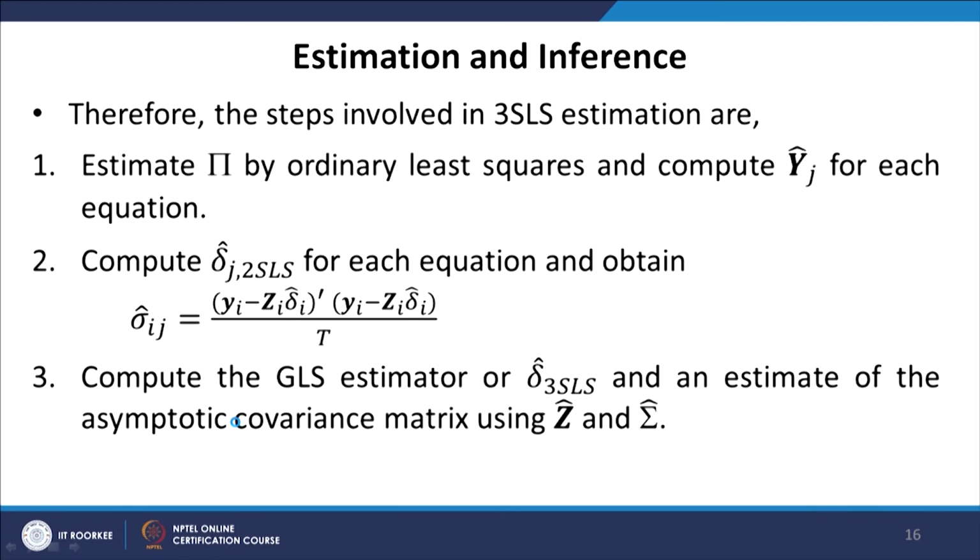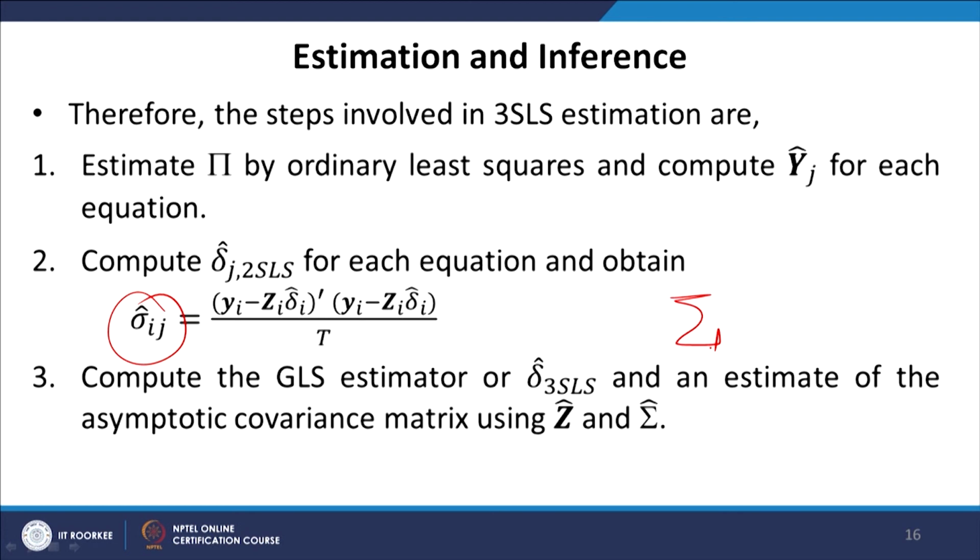So finally, the steps involved in the 3-SLS estimator are, first of all, estimate pi by ordinary least squares and compute yj hat for each equation. Then we compute delta j 2-SLS hat for each equation and obtain the estimated value of sigma ij, the components of the variance-covariance matrix sigma.